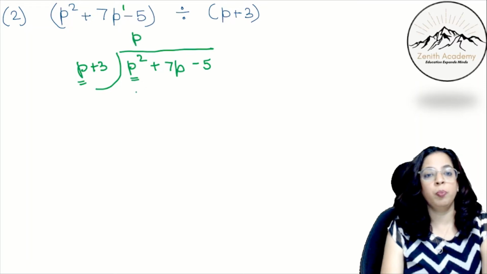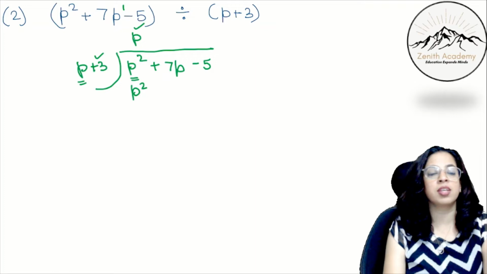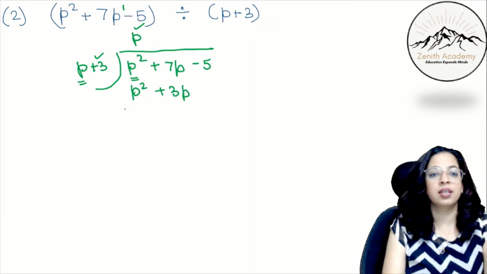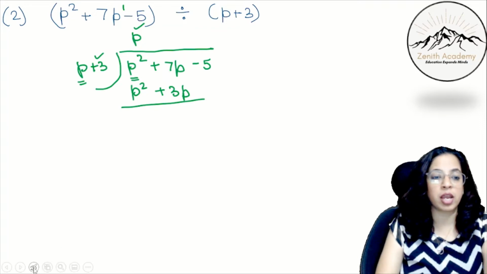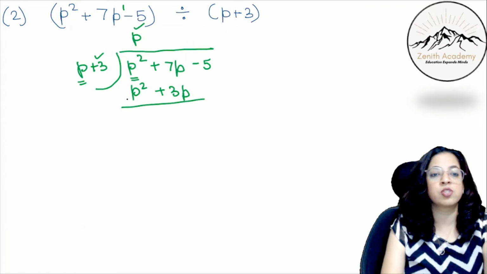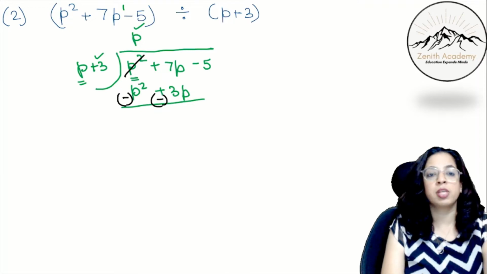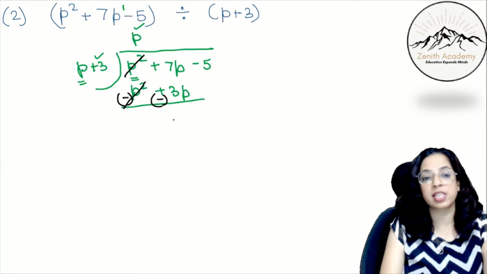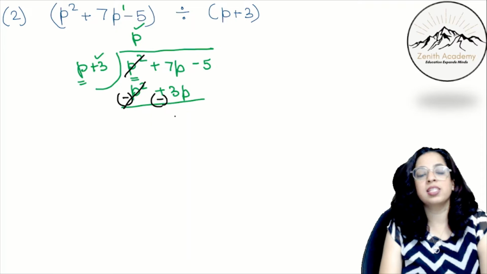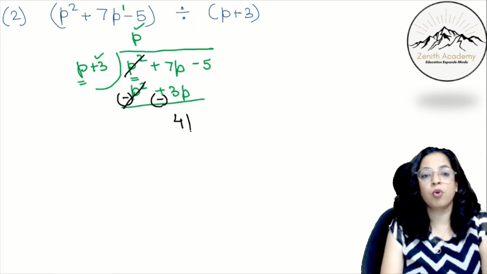So p into p will give you p square and 3 into p will give you plus 3p, right? Now since it is a subtraction, we will have to change the sign. So this will become minus, this will become minus. So plus p square minus p square gets cancelled. 7p minus 3p will be 4p, and the bigger number is 7, so its sign will be used, right? Copy this minus 5 down.